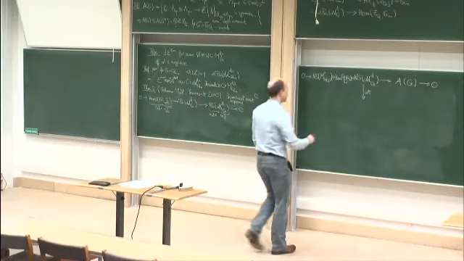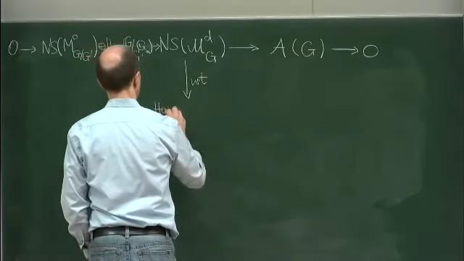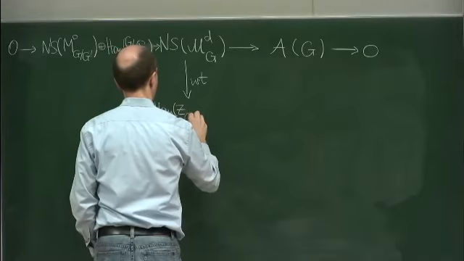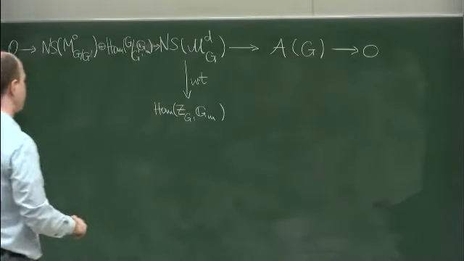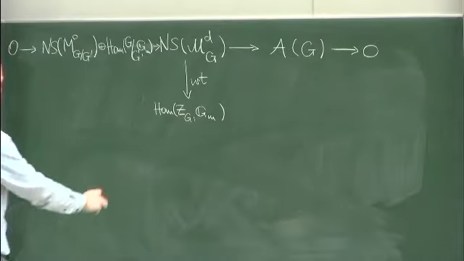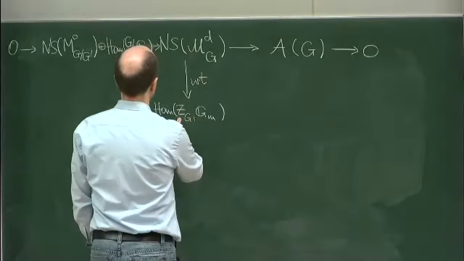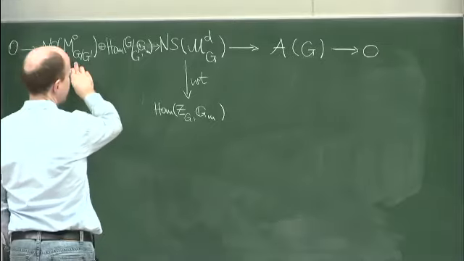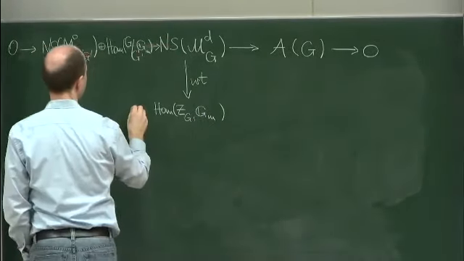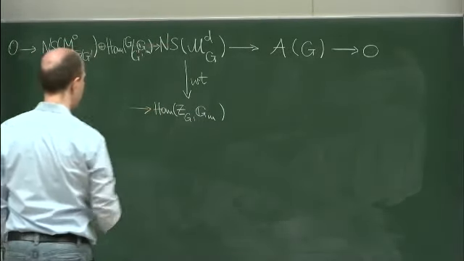So it will factor here. And in fact, characters of the center also consist of parts pulled back from the torus quotient and some rest, as follows.